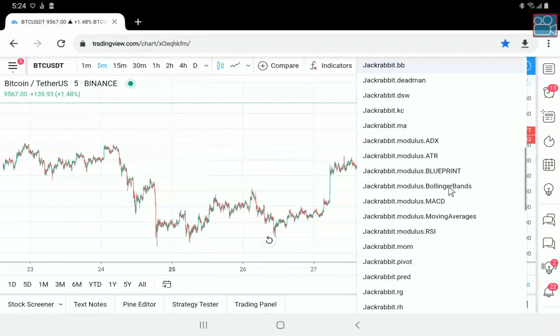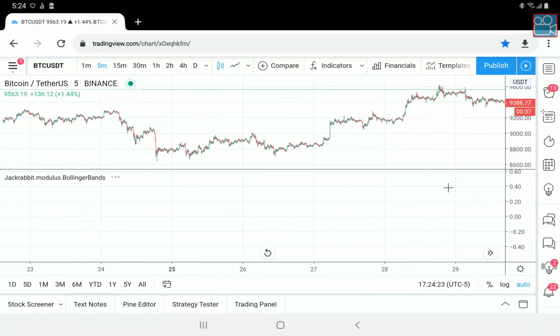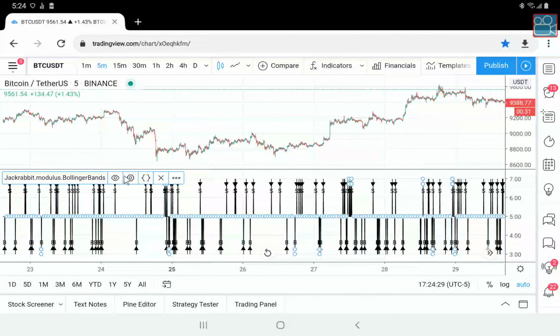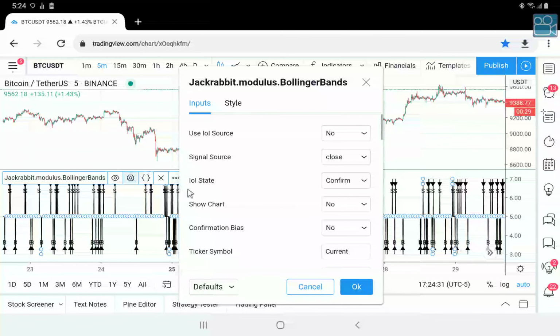So I have the chart loaded with BTC and nothing else. Let's load Bollinger's. Turn the chart on, turn off the signal line.